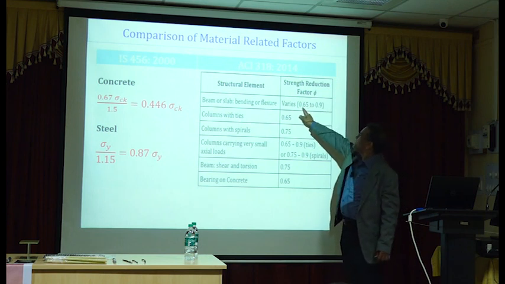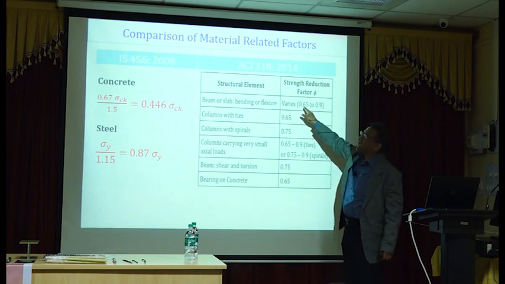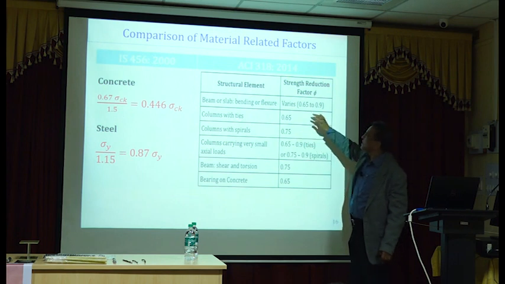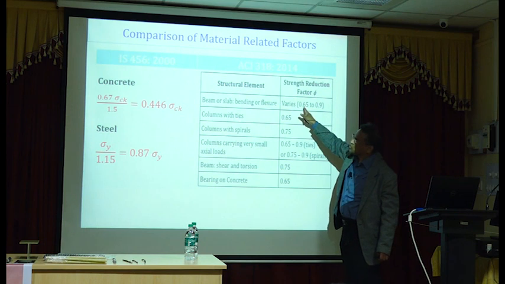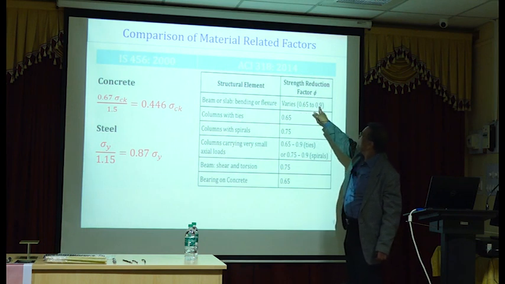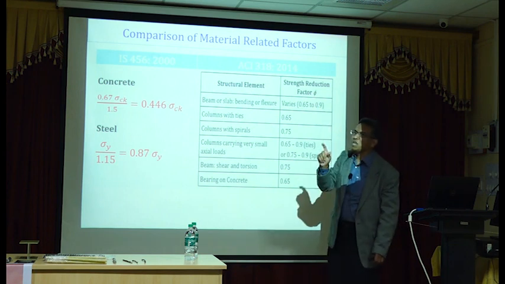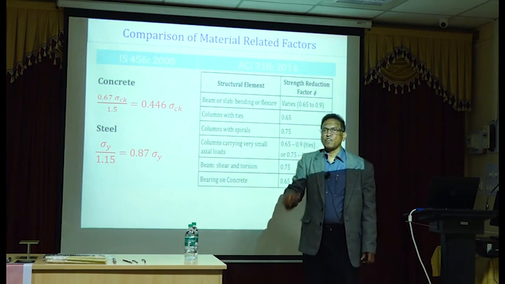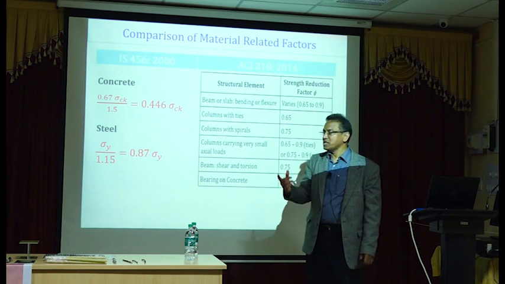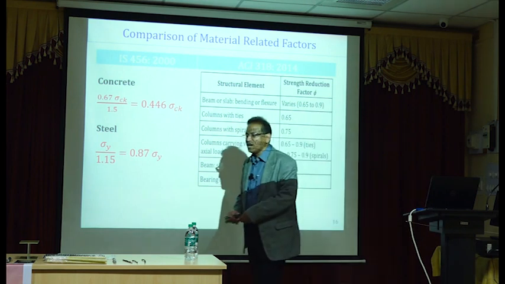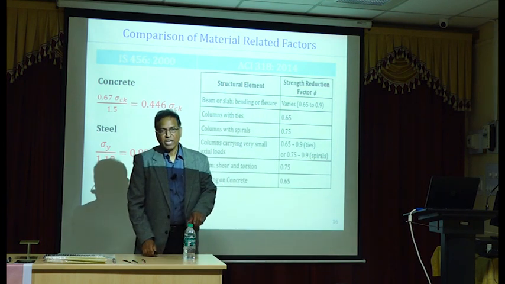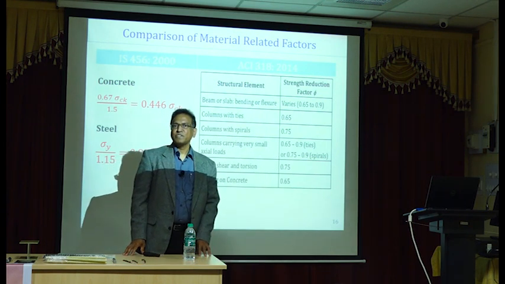Generally speaking, for over reinforced or balanced sections, which are not allowed in actual design, you must use 0.65. For under reinforced sections, which give a minimum strain of 0.005 in steel, use a phi factor of 0.9. Does anyone remember what the corresponding strain is in IS 456?